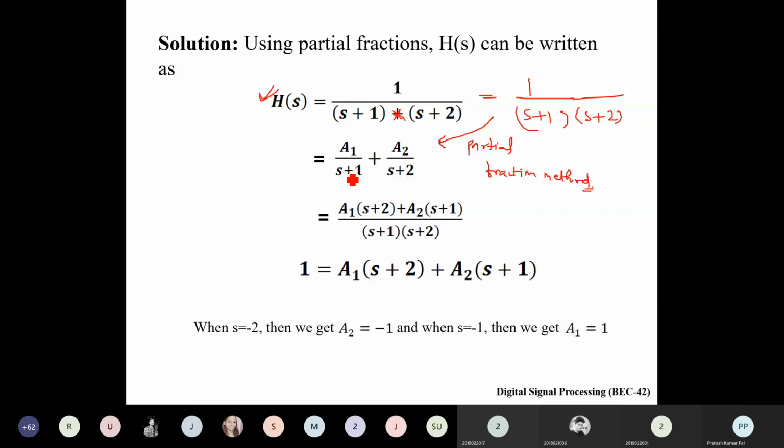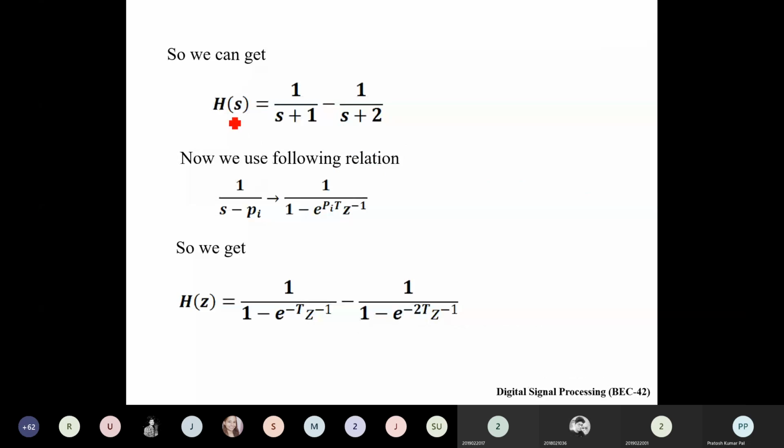Once we have the values of a1 and a2, we finally get H of s as 1 upon (s plus 1) minus 1 upon (s plus 2).